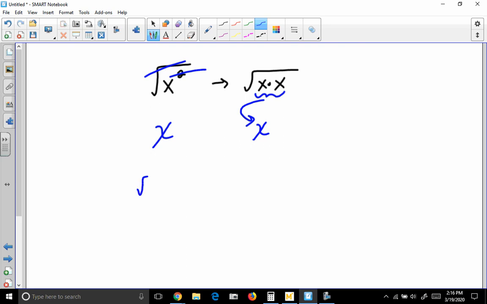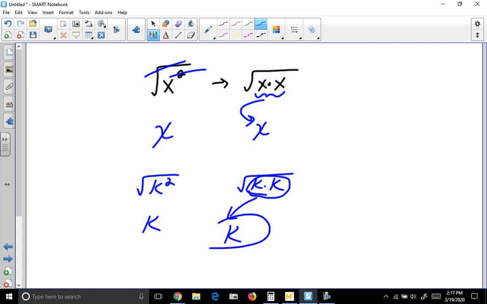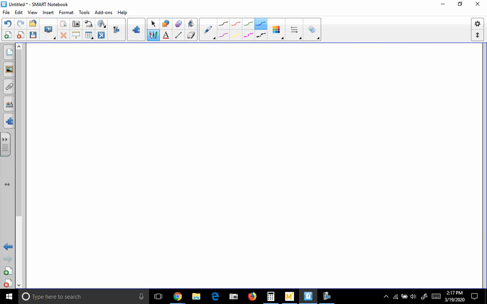If we have the square root of k squared, the square root and the square cancel. So if we have that same factor twice, we could write it as k squared, but if that factor occurs twice, then we pull that out from underneath the radical. Now, why do I say that?